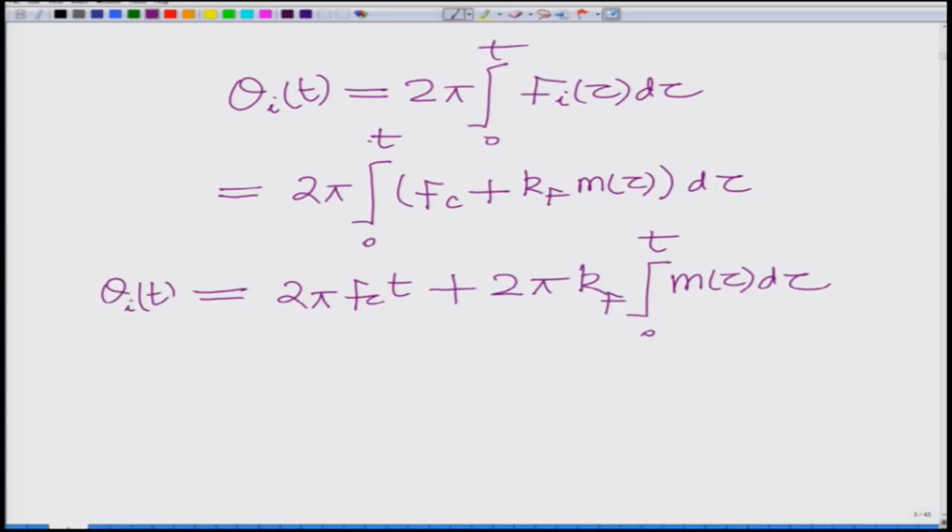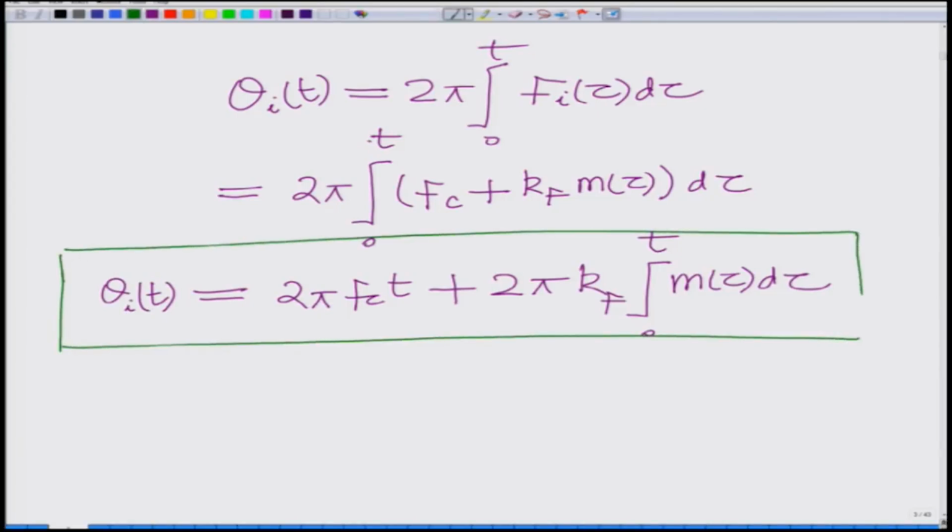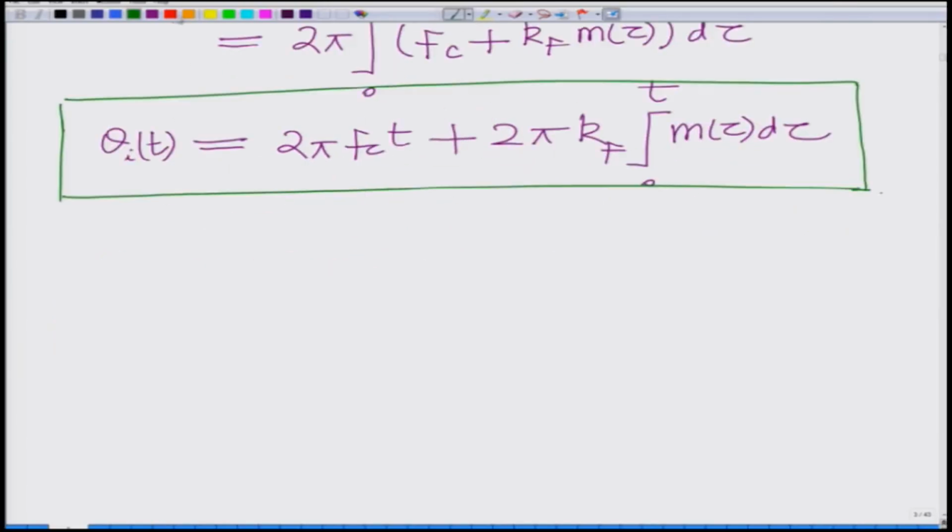That is your theta_i(t). This is the phase of the frequency modulated signal.